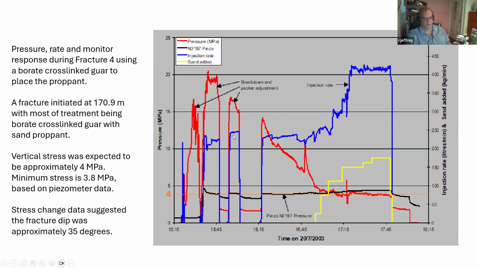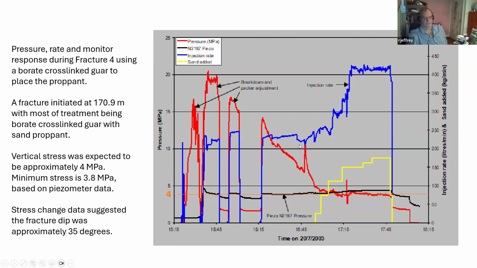This was borate cross-linked gel after the initial breakdown and after we got the pressure reduction that initially occurred. But it was touch and go at the start because our main pump was only capable of generating 20 MPa pressure. So during this period, we weren't sure if we could continue this treatment or not.